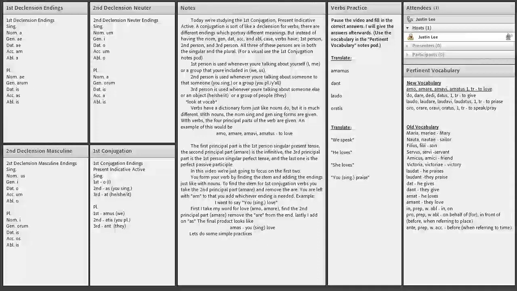A lot of these, or all of these, are going to be from the new vocabulary section, so you're going to need to use these on the side. Everything that I'm about to underline. Okay, so these are both from Latin to English and English to Latin. So good luck, and you can pause your video right now.